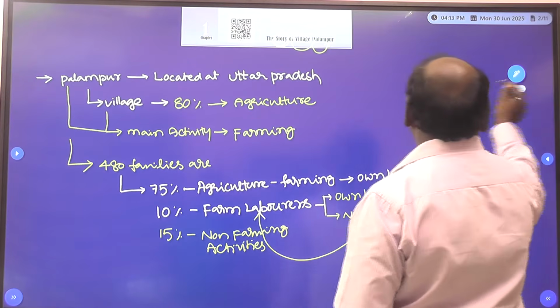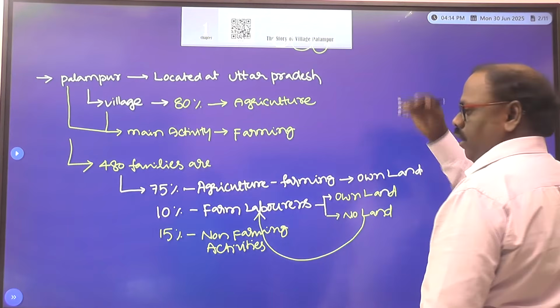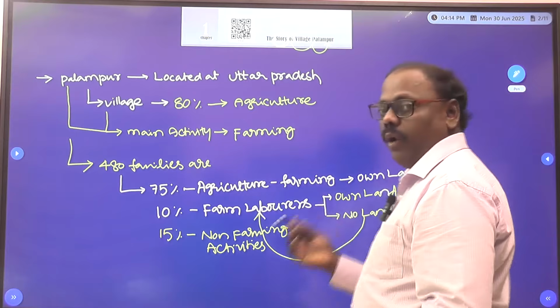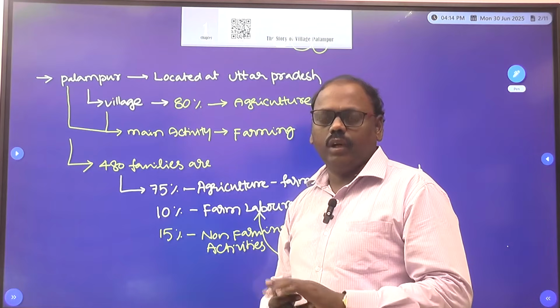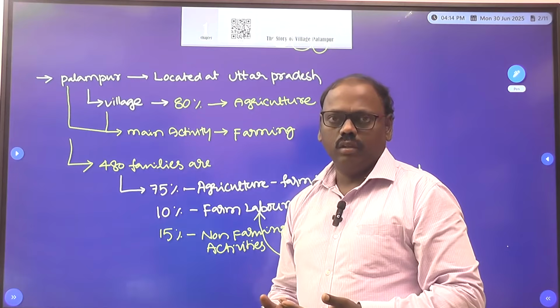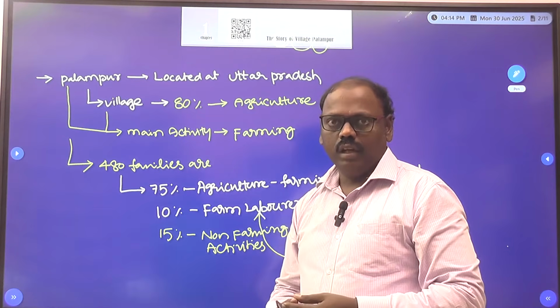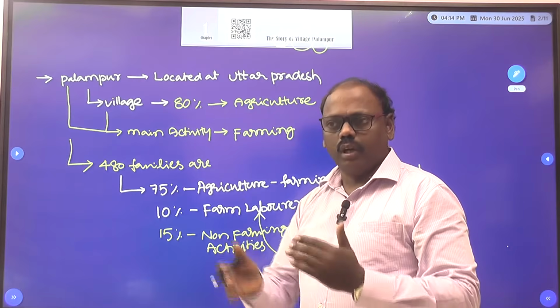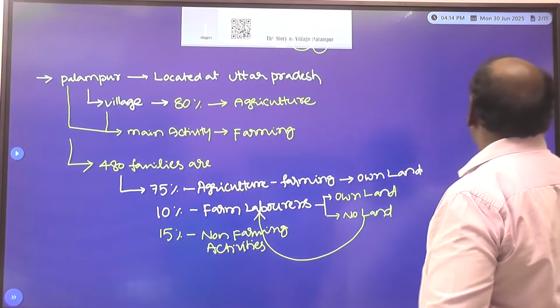Okay, now we will see how they are farming and what kind of style they are following in order to get higher growth towards high yield of agriculture with respect to multiple crops.